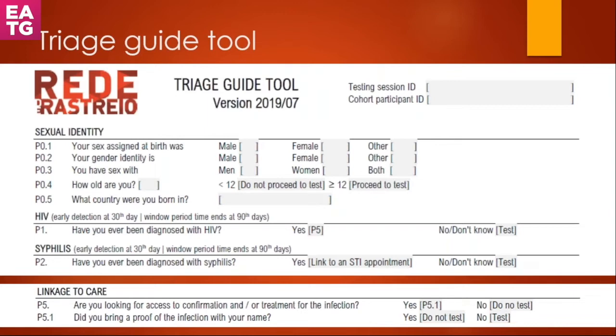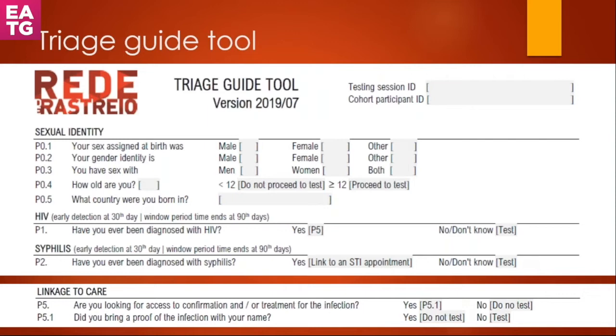If they say yes, then we ask, did you bring the proof of infection with your name? If they say yes, we do not test. If they say no, we test to confirm their status to make a referral to the national health system. In the question P1, if they say no or I don't know, they are entitled to testing.